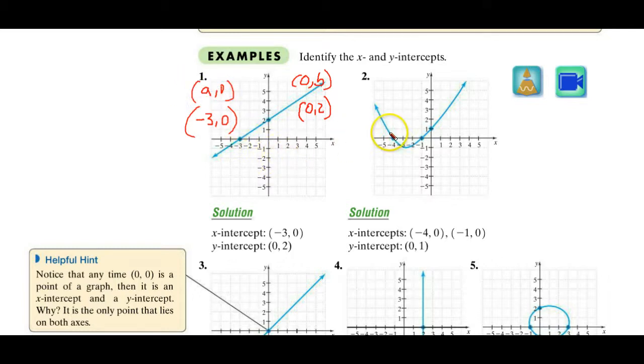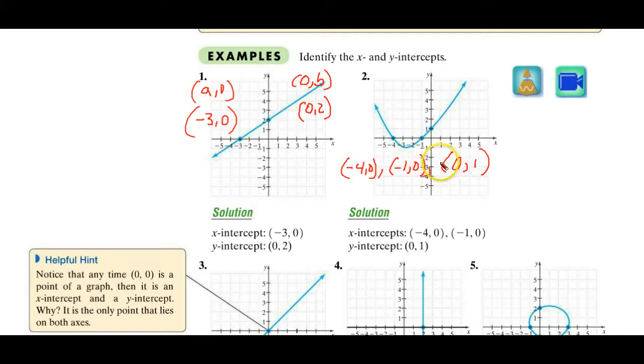Now notice this is not linear, but there are 3 intercepts now. We have the -4, 0, then we have the -1, 0, and then we have this one, 0, 1.